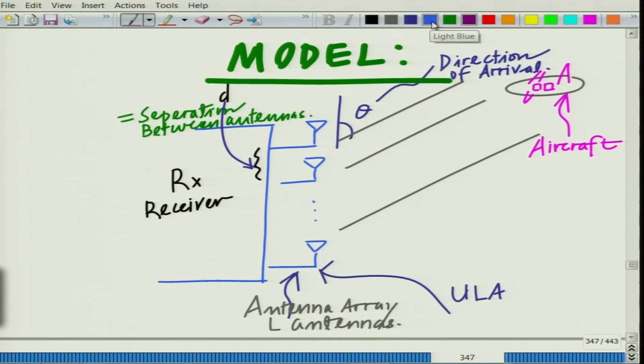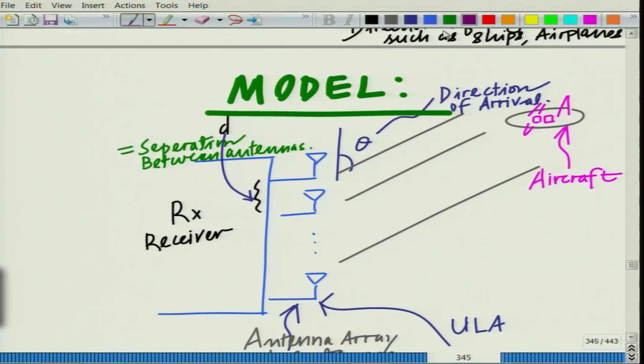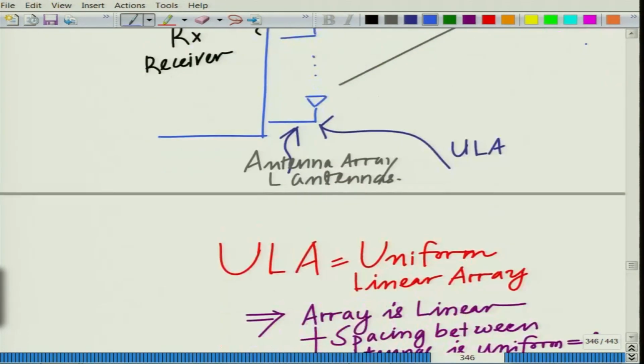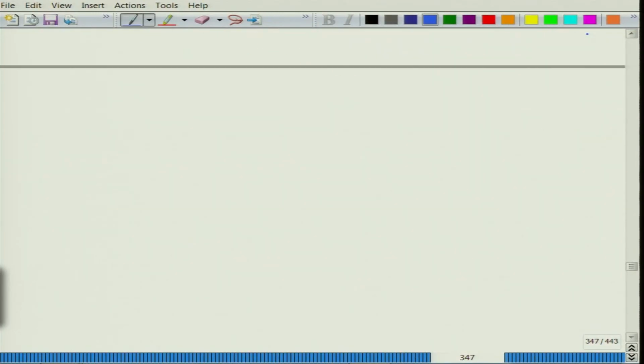And now, let us consider the signal that is arriving at the first antenna to be x(t) e^{j 2 pi f_c t}, plus of course there will be the noise. So, let me draw this again just to illustrate this clearly.